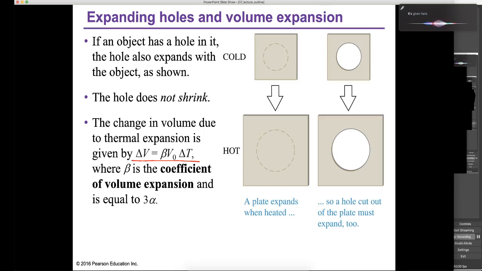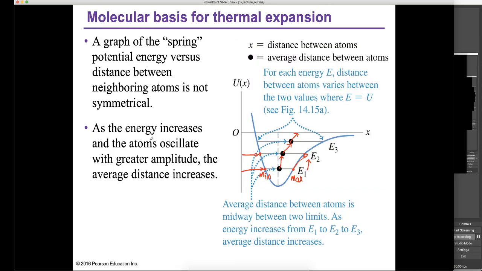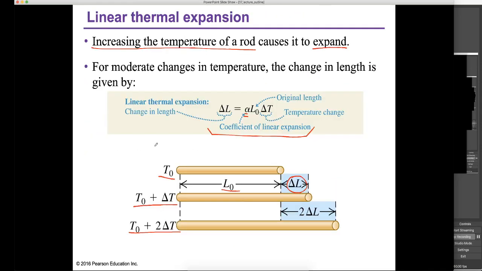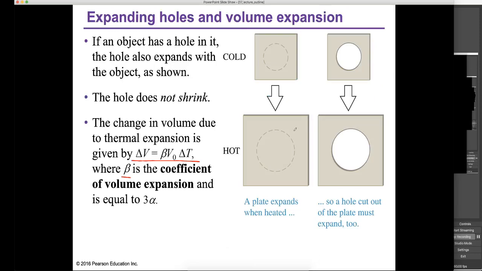The delta V, or the change of the volume of the object, equals to beta V0 delta T, and beta is the coefficient of volume expansion, which is 3 times alpha. And alpha is given in this equation, which is the coefficient of linear expansion. Okay, so this is the way of calculating the volume expansion.